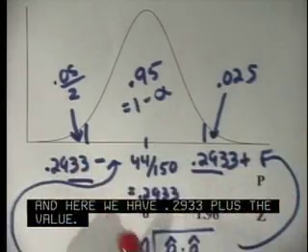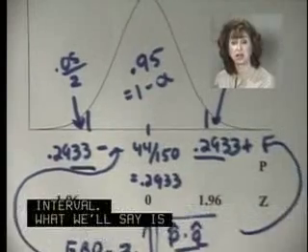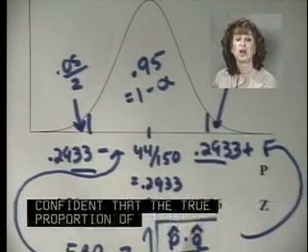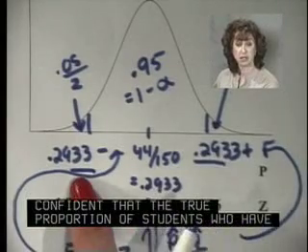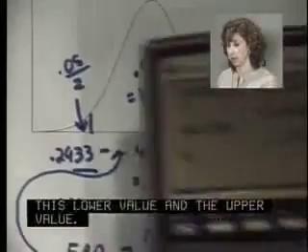This will give us our confidence interval. We'll say that we're 95% confident that the true proportion of students who have cell phones is somewhere between this lower value and the upper value. Let me show you how to do it on the calculator now.